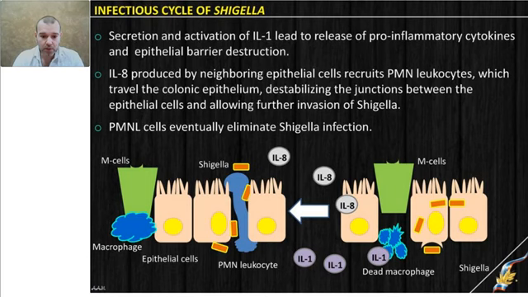Neutrophils invade the intestine as well, and they can destabilize the junctions between epithelial cells and make the intercellular space even wider, so other Shigella still in the intestine more easily invade the epithelium, which worsens the disease.